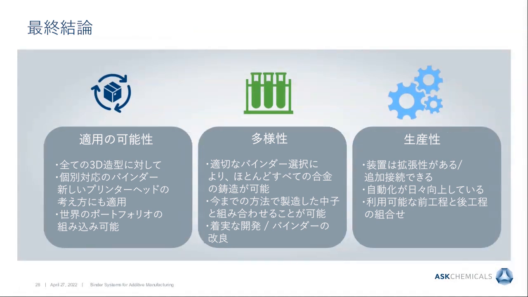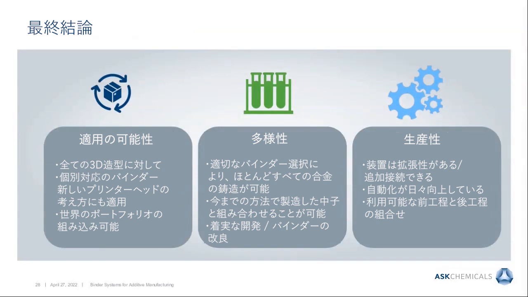In terms of productivity, this is more something to be looked at from the machine side, but the machines are scalable, are stackable. So there is a possibility to start out small and then increase capacities.